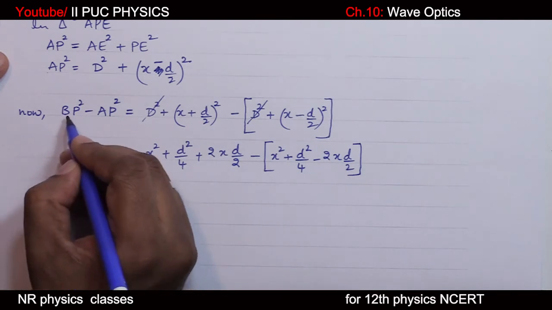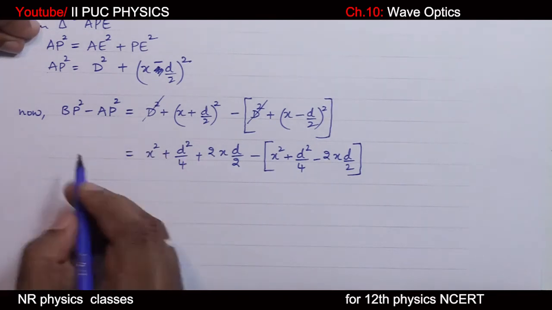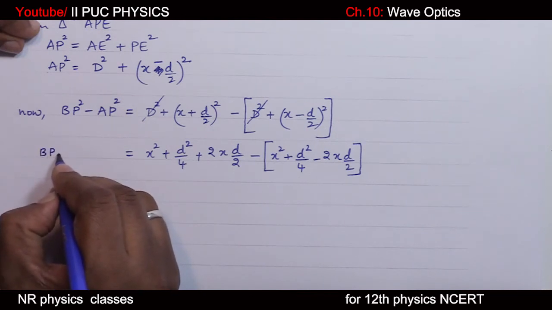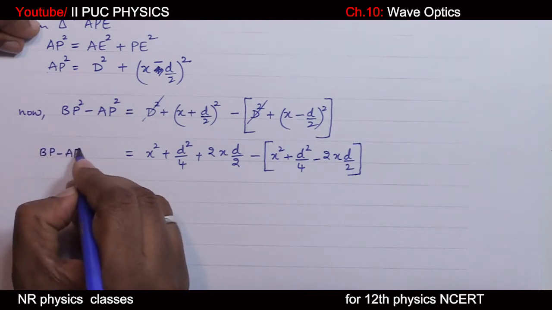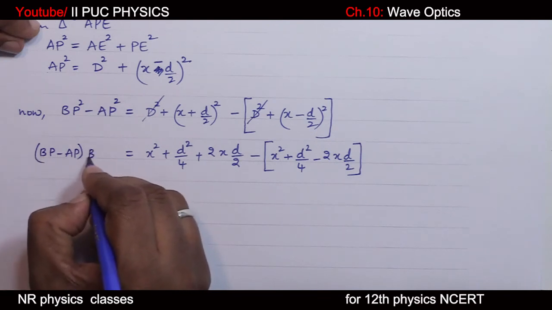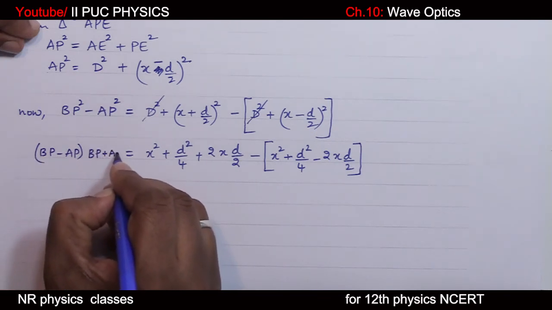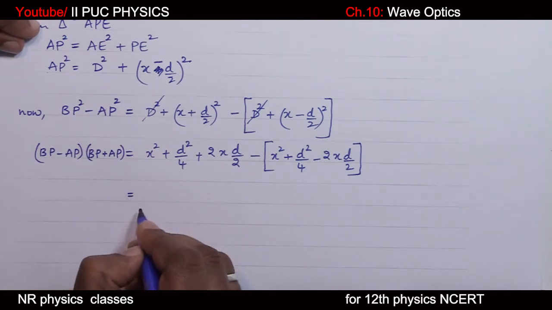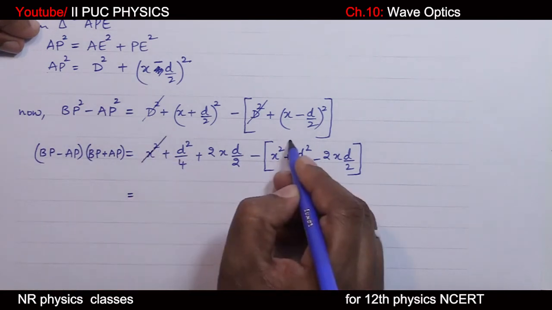The left hand side is of the form a square minus b square. Therefore, (BP minus AP) into (BP plus AP). x square gets cancelled.